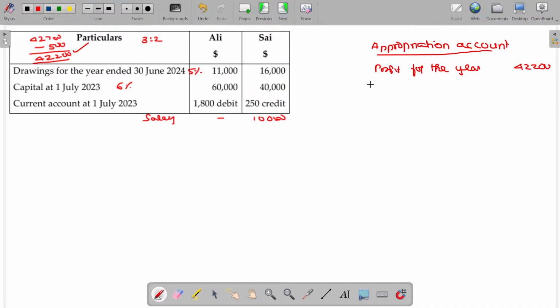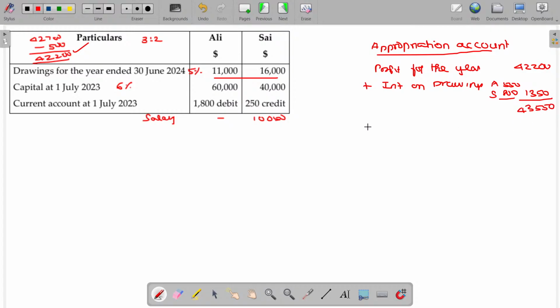Add interest on drawings. On this value 5% for Ali and for Sai: 5% on this being 550 and 5% on this being 800. Overall value being 1,350. So if I add, it is 43,550.